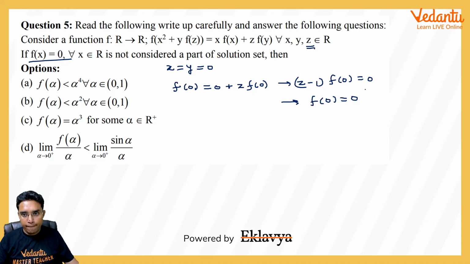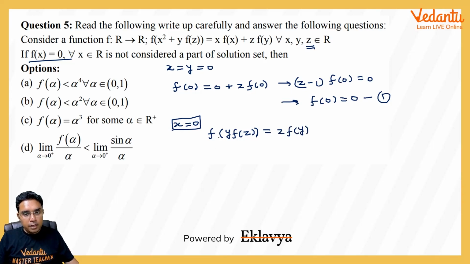Number 1. Number 2. Now if I put x equal to 0, we will be getting f of y into f of z is equal to z into f of y.